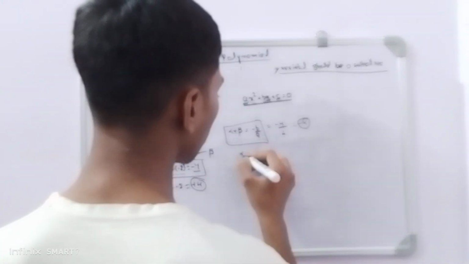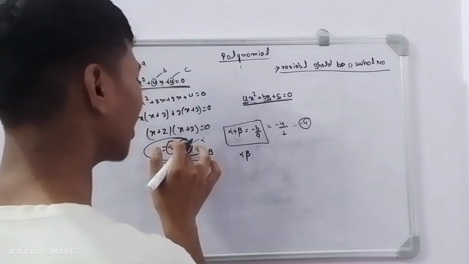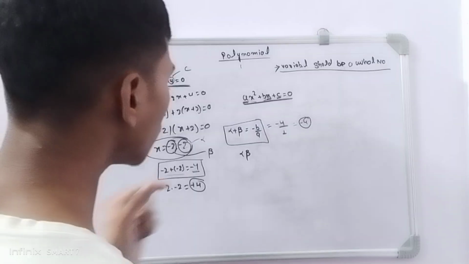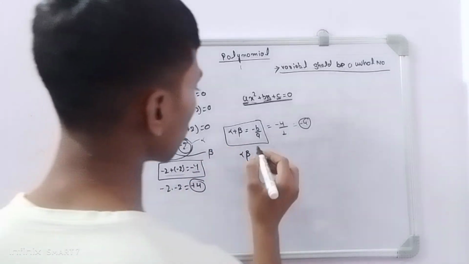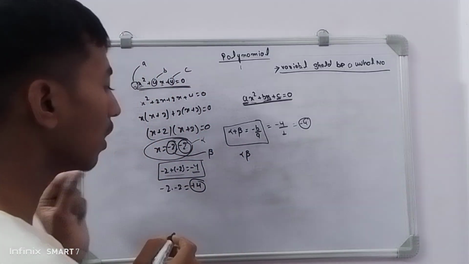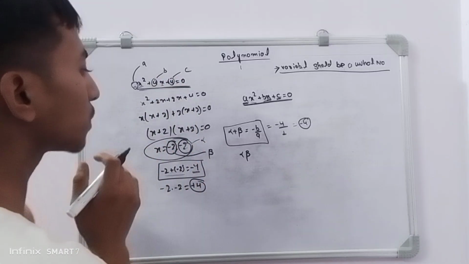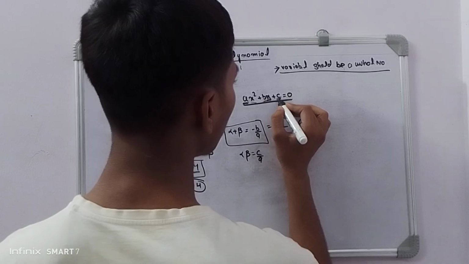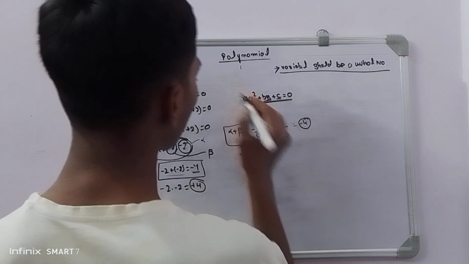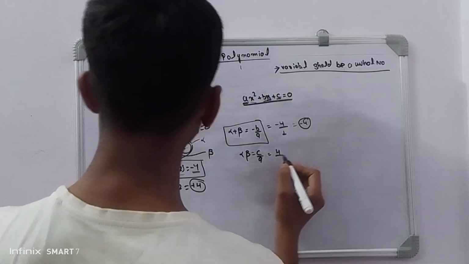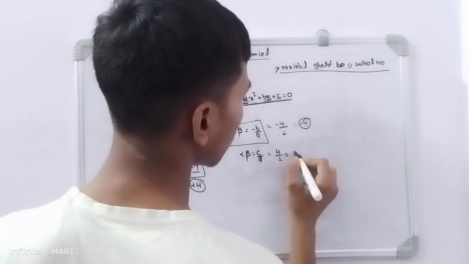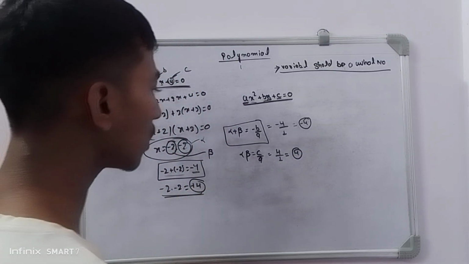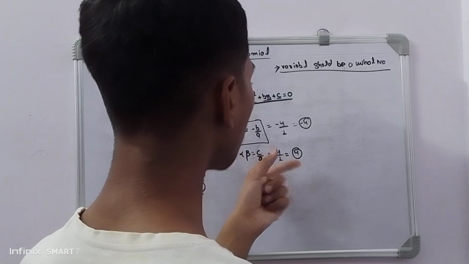And if I say alpha into beta, alpha is a root of the quadratic equation and beta is also a root. So alpha into beta we have plus 4, but when we haven't done this process, we have a formula which is c by a. The c here we have the 4, and a we have the 1, so we get 4, and also directly from the formula we get plus 4.